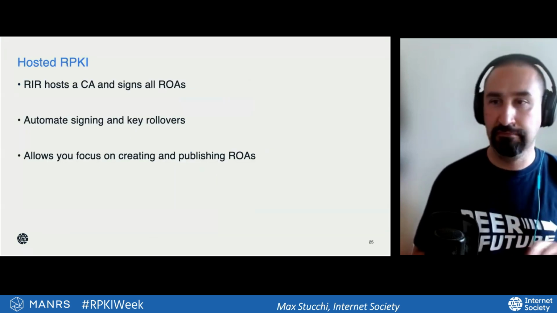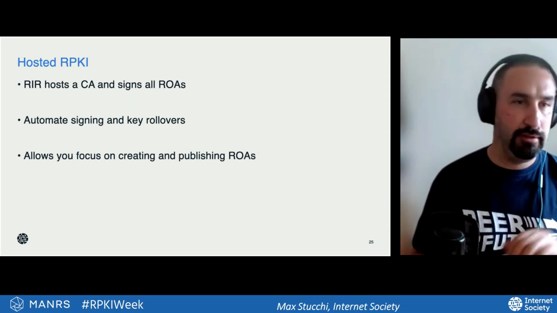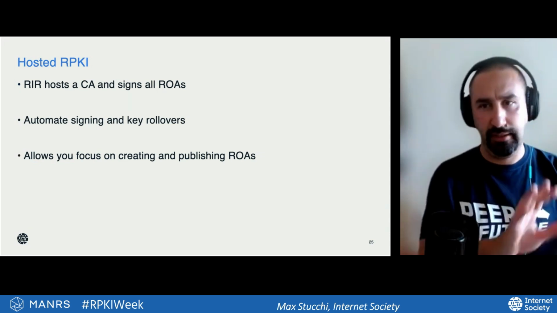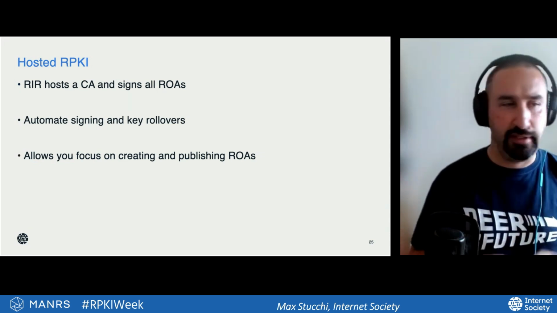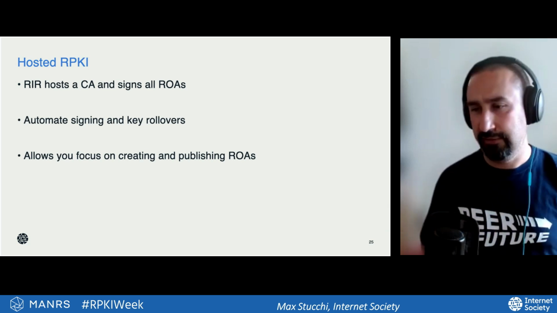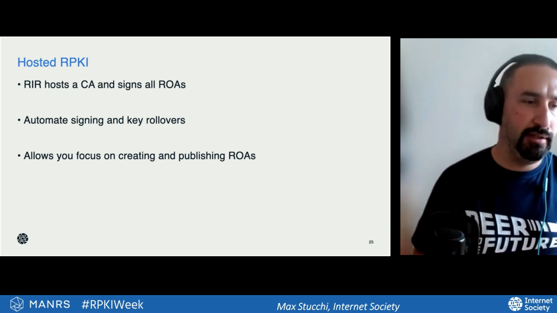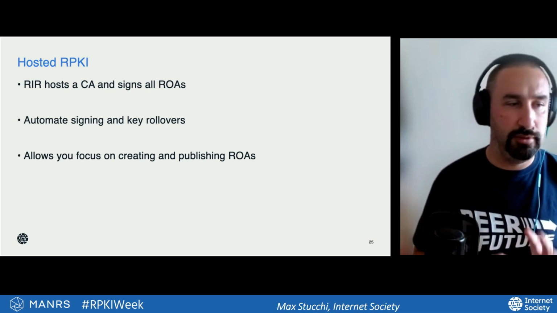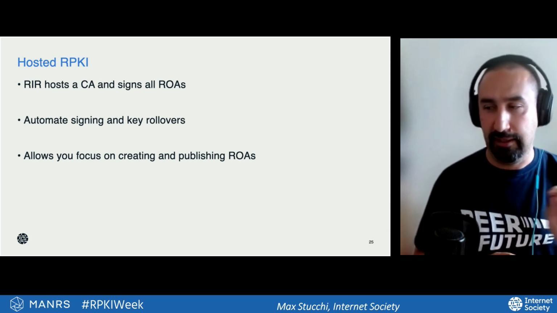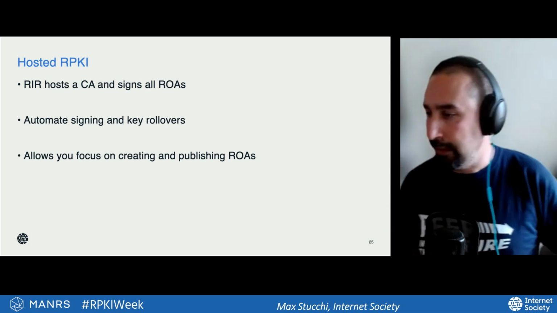I just push a button. The RIPE-NCC does everything for me behind the curtain and does the key rollovers. The signing is automated. Everything's fine. So I just have to focus on creating and publishing my ROAs.